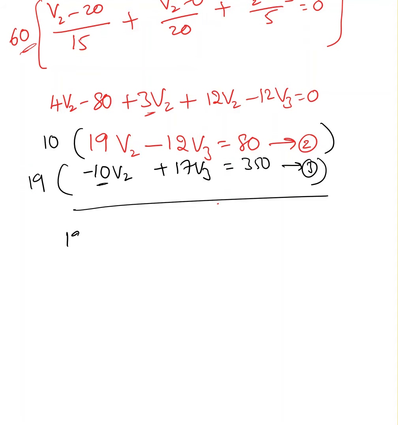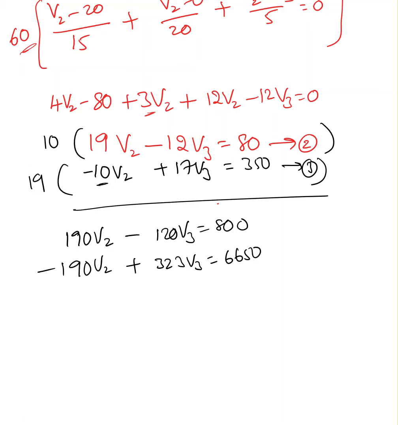So it's 190V2 minus 120V3 equal to 800, minus 190V2 plus 19 times 17, which is 323 V3, equal to 19 times 350, 6650.